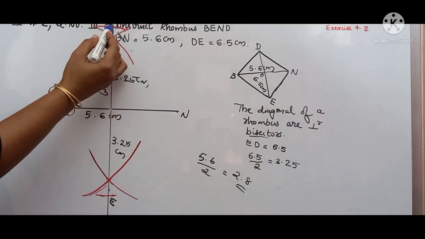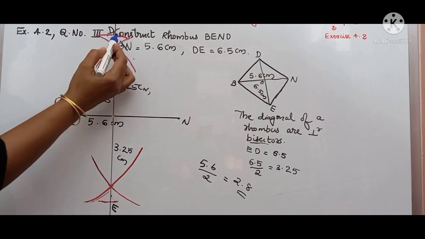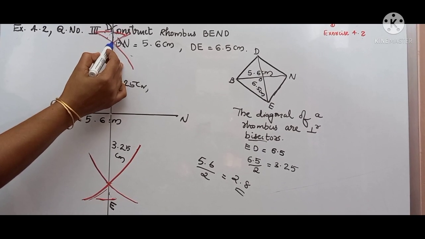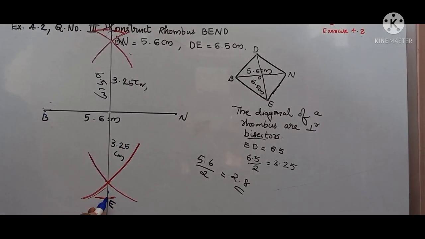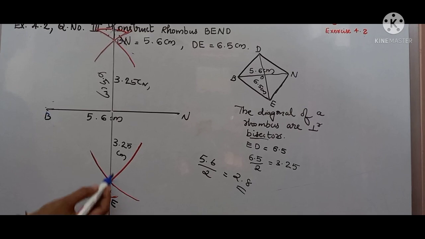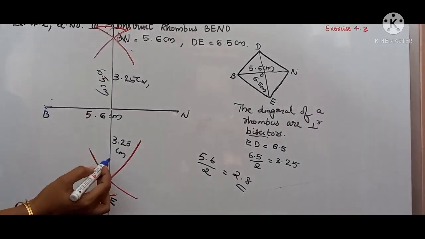Okay, then this is our point D here. Children, please note this point, not this one. And here also this is the point E, and this is just a point of intersection we have got for drawing the perpendicular only.